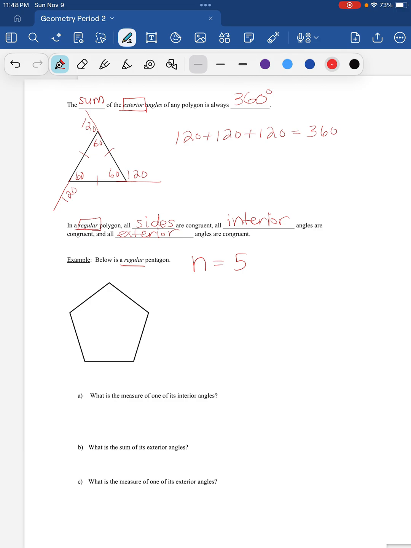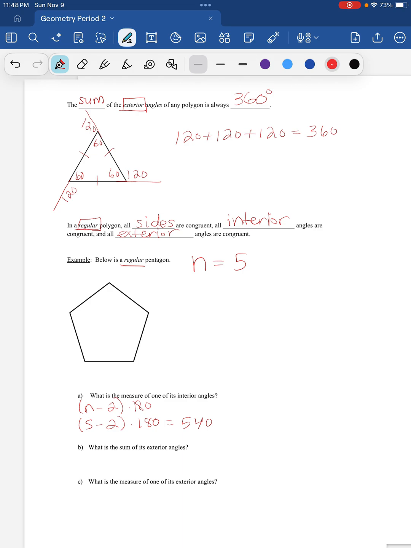Well, we learned on the other page that the sum of all the interior angles was n minus 2 times 180. So let's start there. 5 minus 2 times 180. So that would give us basically 3 times 180. It would give us 540.